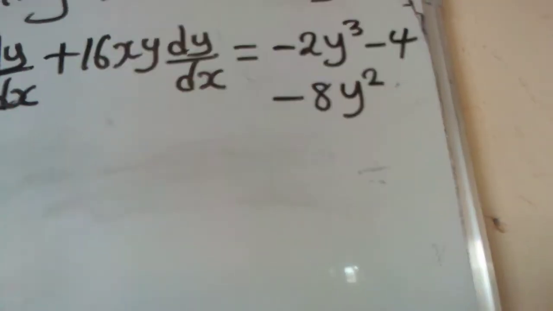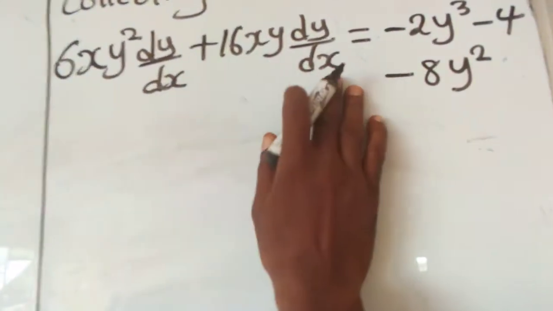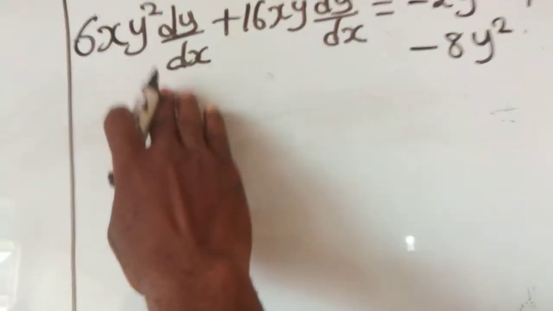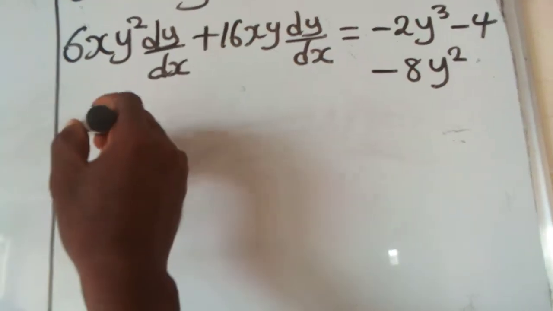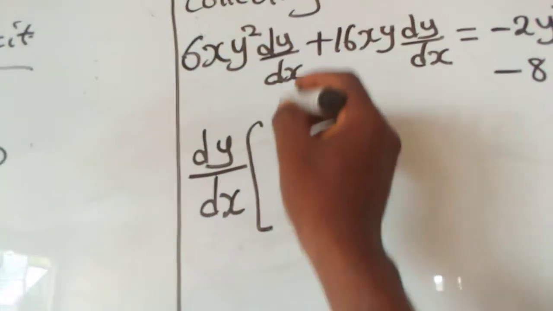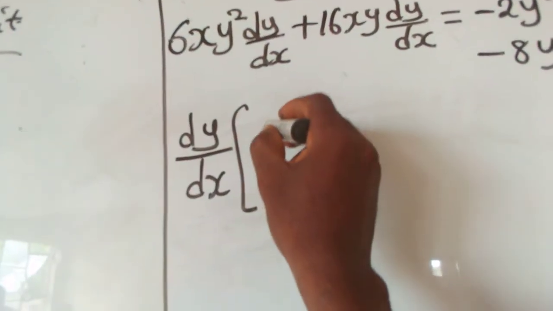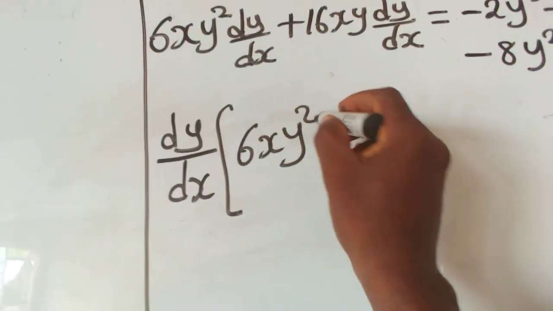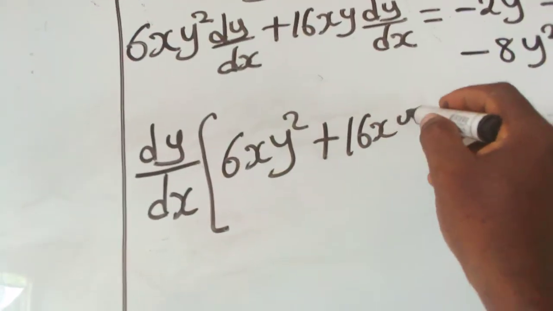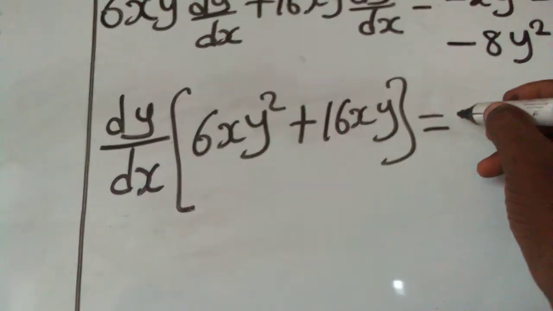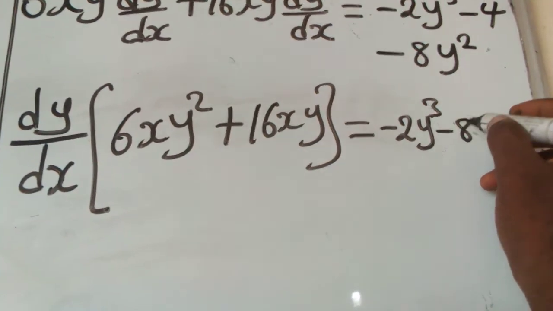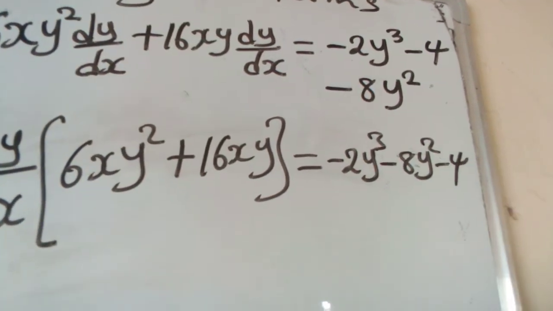So the next step, you factorize. You bring out dy over dx because it is common between these two. So you write dy over dx, you open bracket, 6xy raised to power 2 plus 16xy, which will be equal to minus 2y raised to power 3 minus 8y raised to power 2 minus 4.